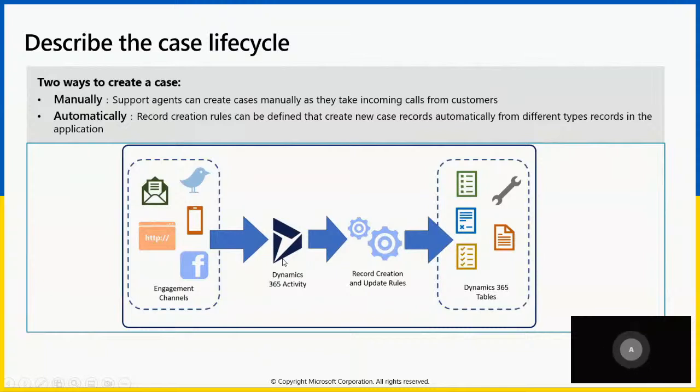When they come in as an activity via email, phone call, text, or service activity, it goes through the record creation just like I've just described. Once they are created, you can create either of these tables: the case, a note, a contact, or a knowledge article, whichever one you're creating. Once the case is created, it gets assigned to a user or a customer service rep, who treats the issue, resolves the case, and the customer is happy. Okay, next slide, please.